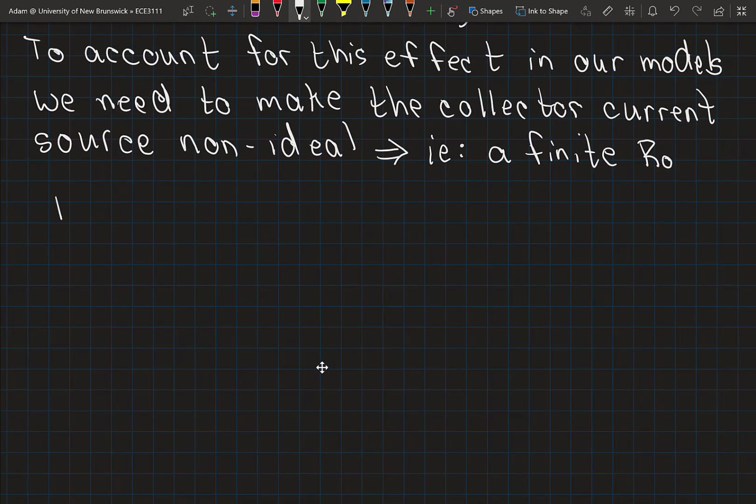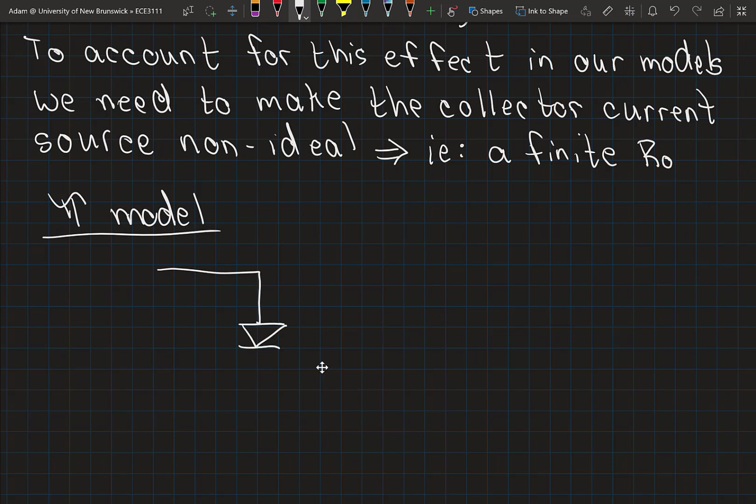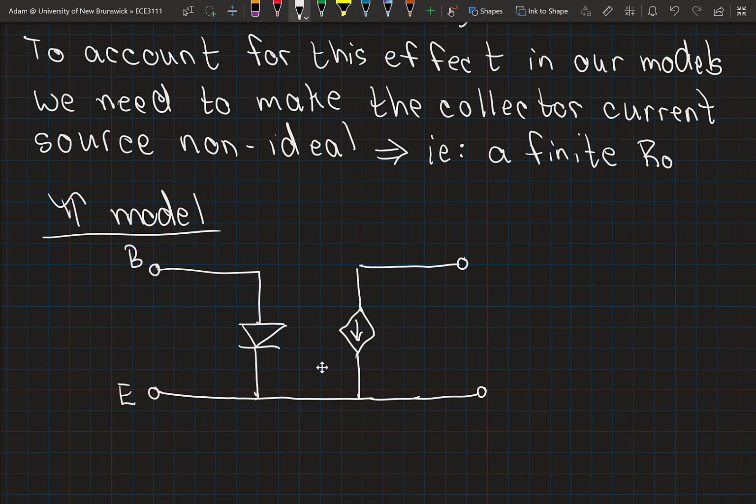So the pi model becomes our original model, but now we add a finite output resistance to this model, like this.